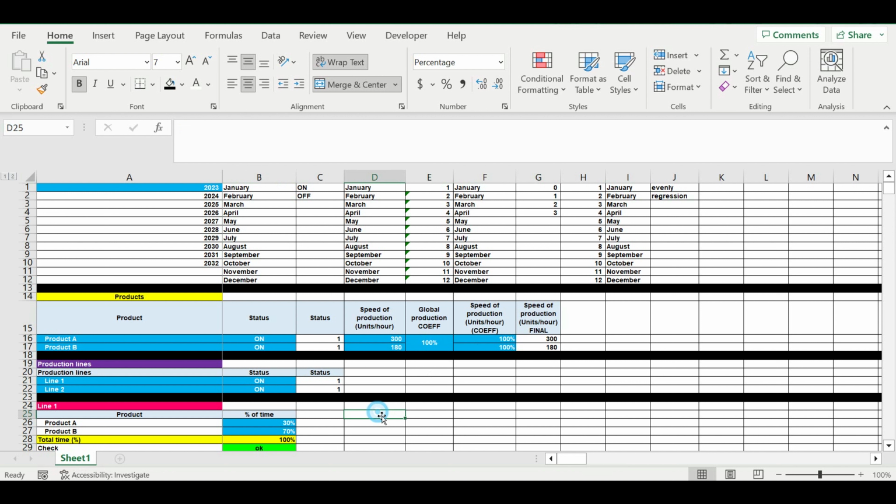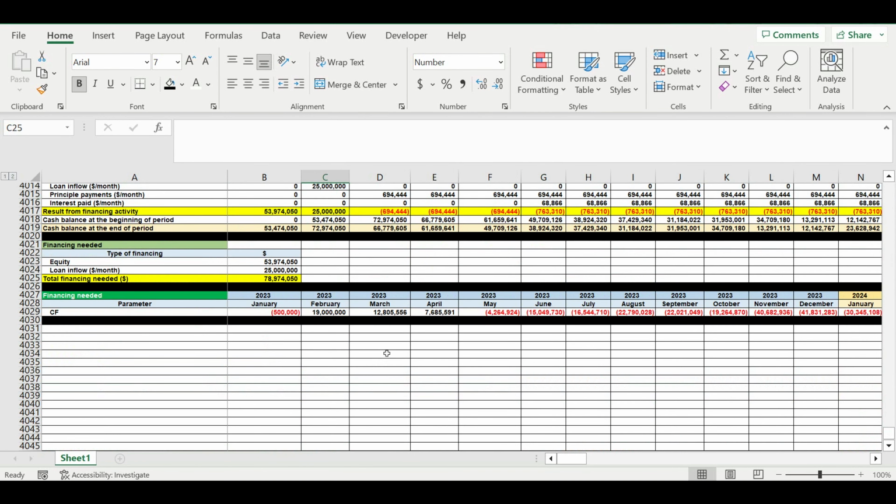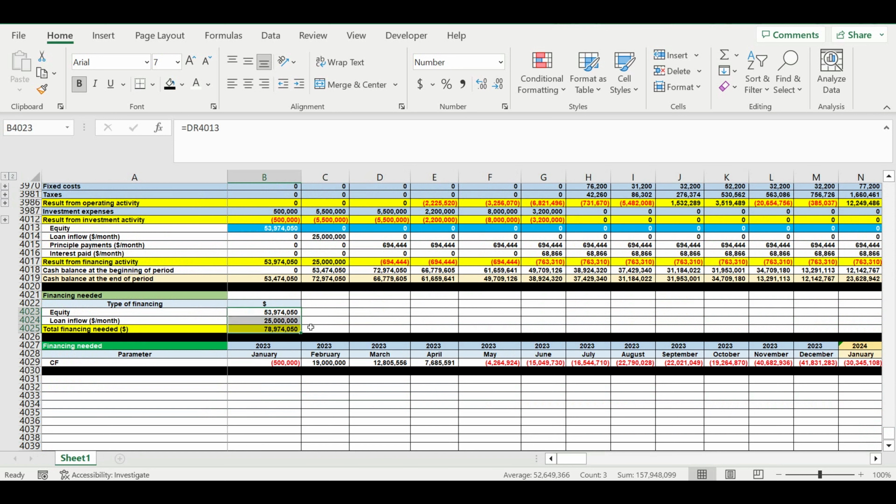So that's why all these coefficients, on-offs, are needed. So this will be needed during the scenario modeling process, when you will be switching on and off products, production lines, and look at the amount of money needed, simple discounted payback period, numbers, and so on.